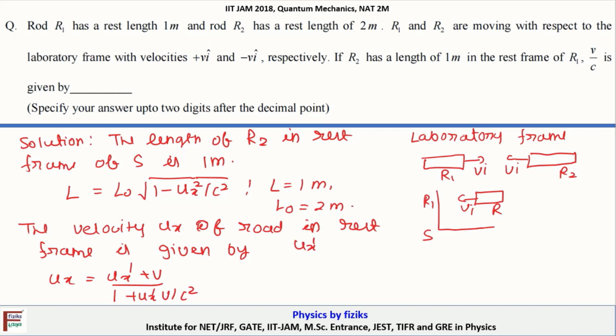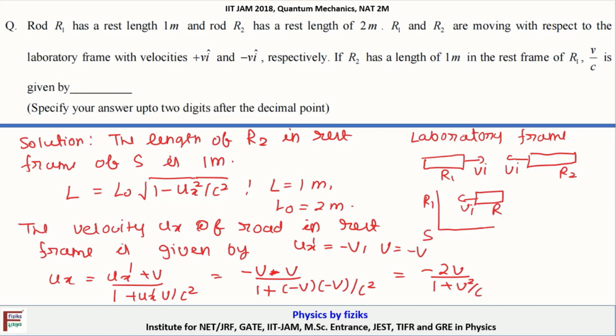Further, ux dash is minus v and v is minus v. So here you would be having minus v divided by 1 plus minus v into minus v by c square, that is minus 2v divided by 1 plus v square by c square.